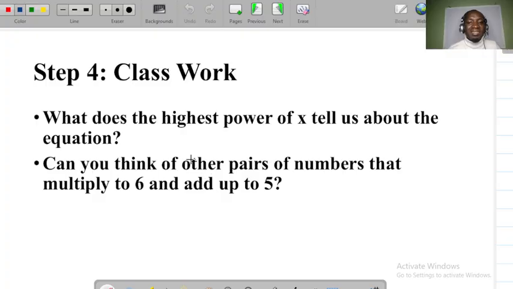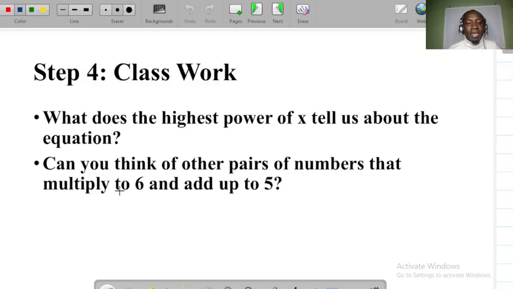And then the power also indicates the number of solutions. If you have power 2, it means you have 2 answers. Likewise, if you have power 3, you have 3 answers. So for quadratic, you always have what? 2 different answers.